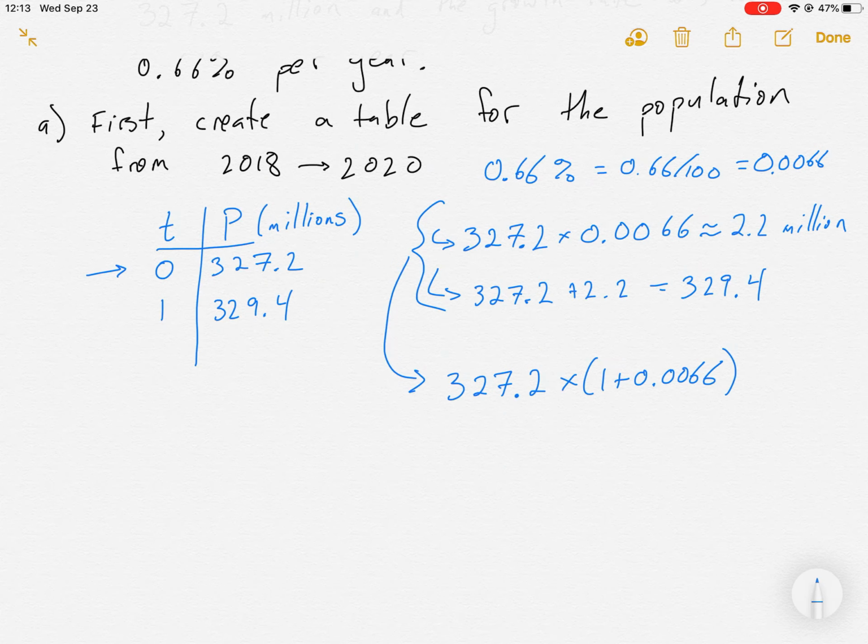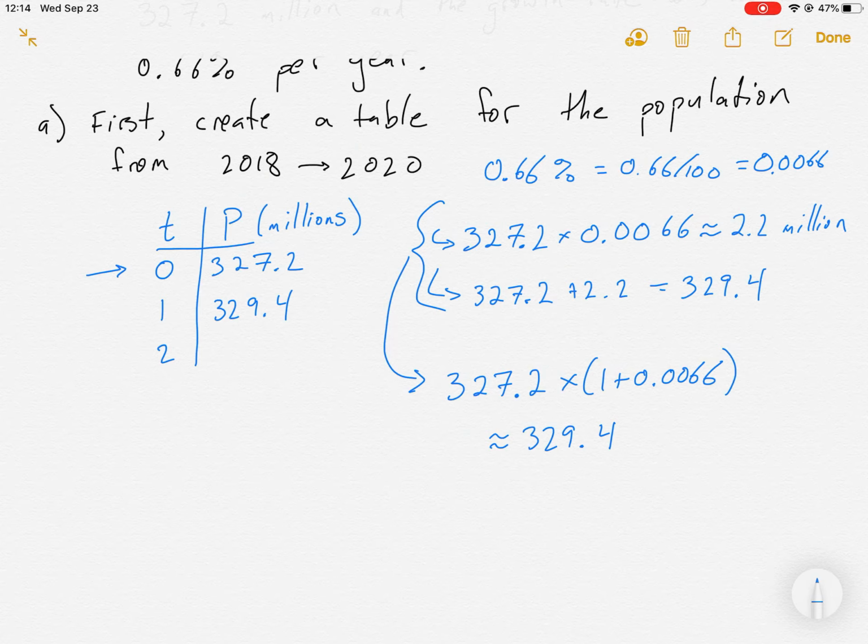And here's why. Because when you multiply this, you should end up with the exact same thing. Let me make sure I'm not doing anything wrong by plugging it into the calculator. I get 329.36, so I'll say that's 329.4. And so that does agree.